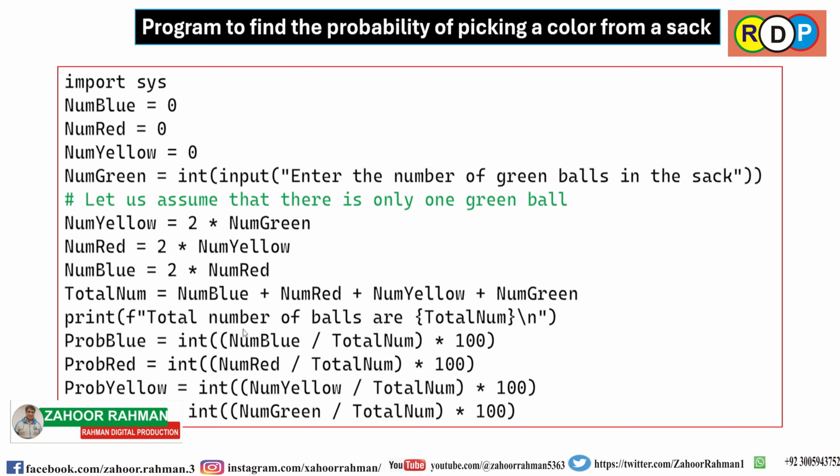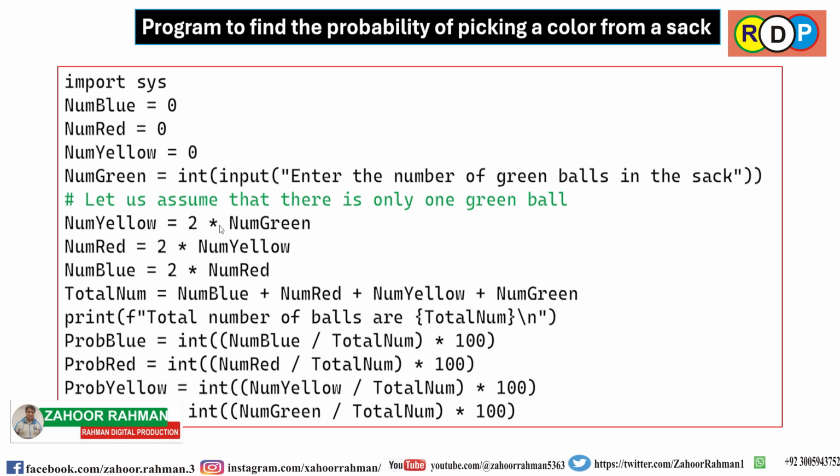It will say total number of balls are 15 or whatever result we are obtaining. If you are giving here another value, it means that it will not be 15. If you are giving initial value to the green balls as 6, then you will get another value, but after all the result at the end will be the same.